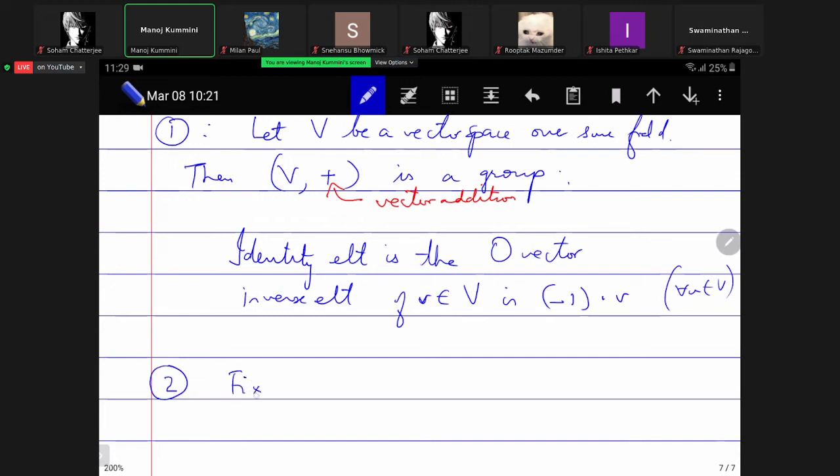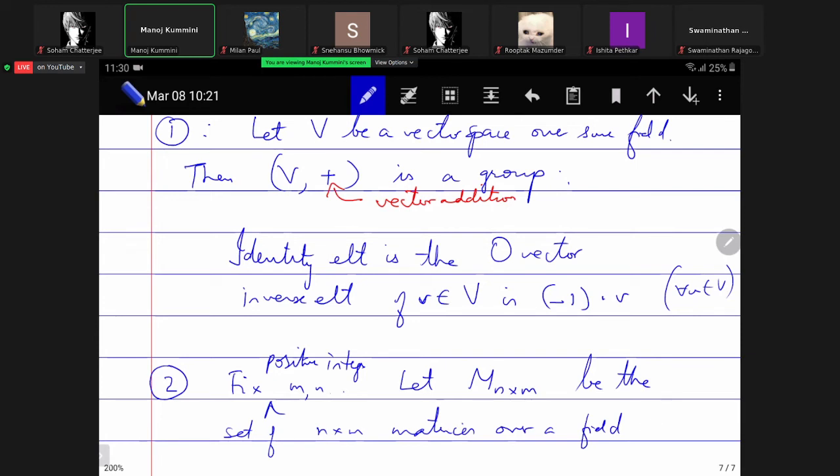Fix m and n, positive integers. Let M_{n×m}(F) be the set of n by m matrices over a field.